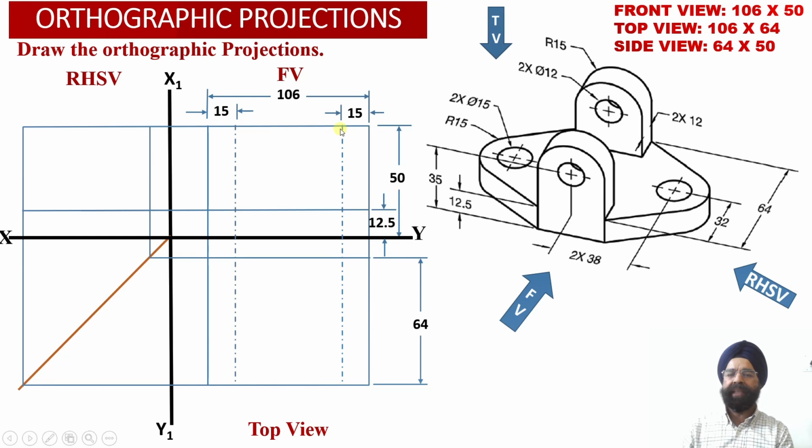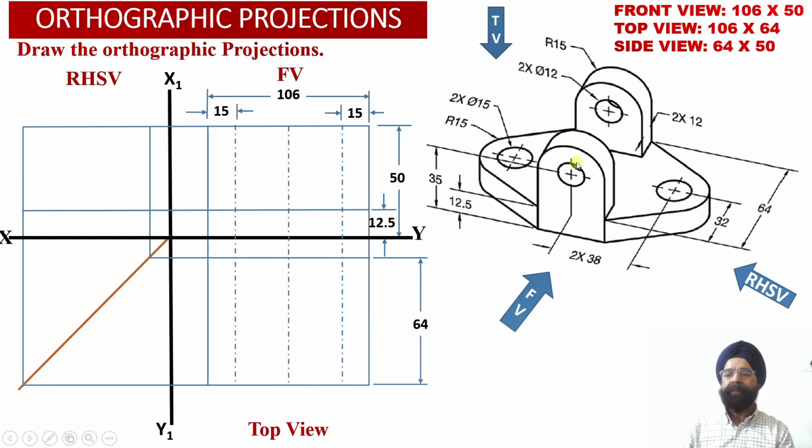So now we have marked the center line at a distance of 15 millimeter from the right hand side face into the front view projections, and we have extended this projection of the center line into the top view projections over here as well.